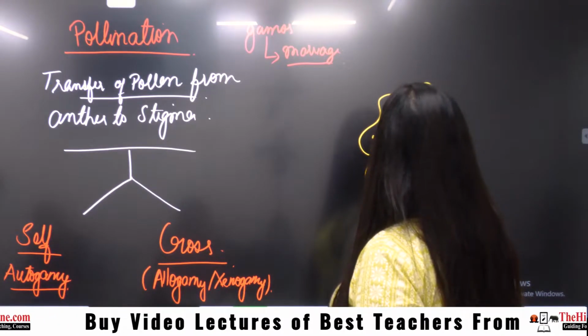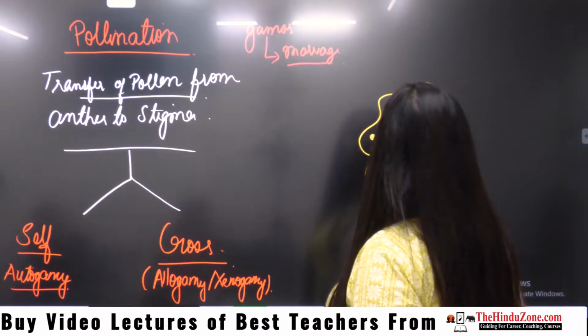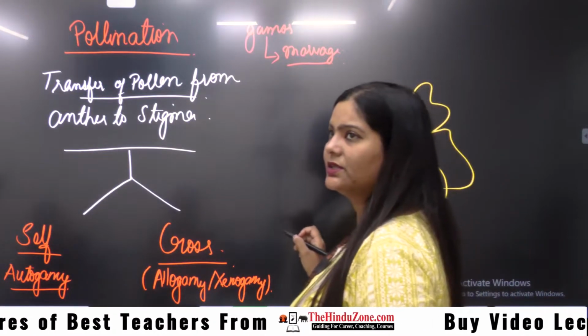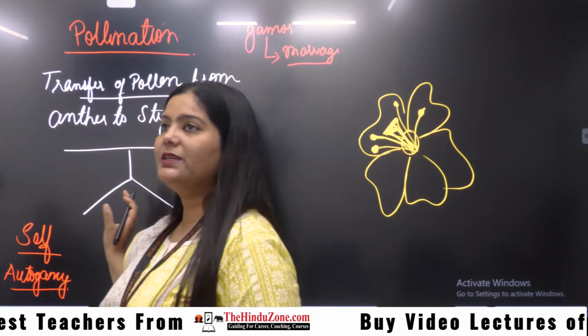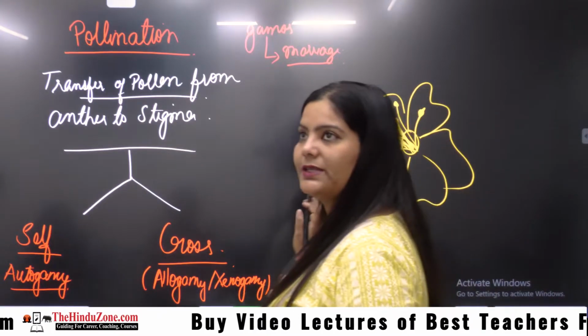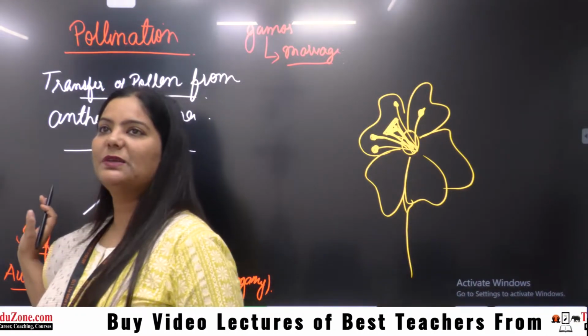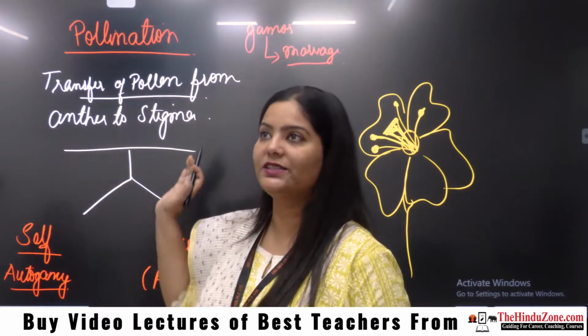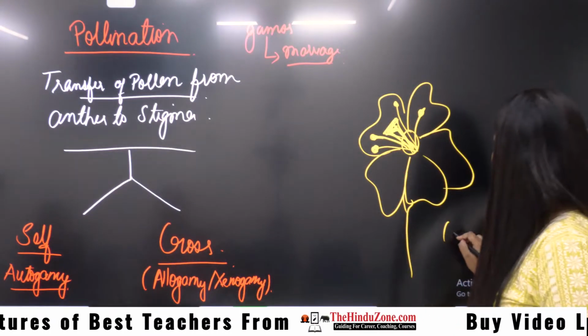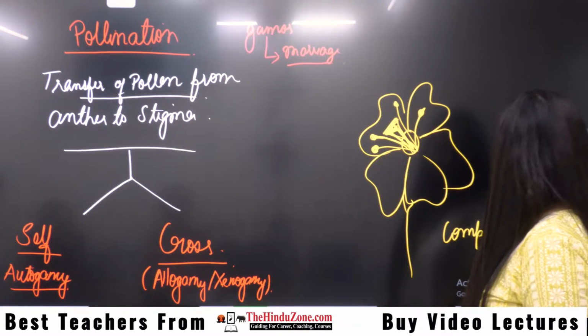So this is a flower. Would you call this flower monoecious or dioecious? First of all, all the floral whorls are here. First of all, this is a complete flower. I made you clear on this yesterday only, no? What is a complete flower? So this is a complete flower.